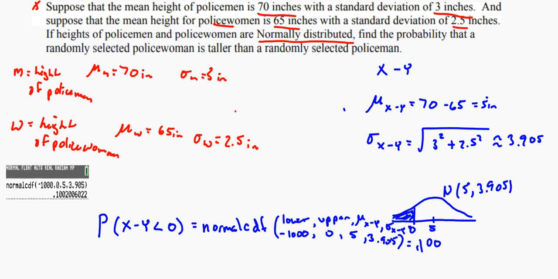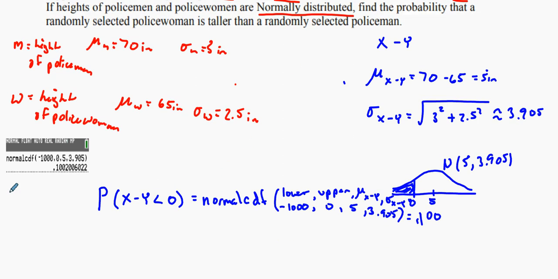We can also find this by using a z-score. We find the z value by taking 0, the value we want to find, minus our mean, divided by our standard deviation, which is 3.905. Punching that into our calculator, negative 5 divided by 3.905, we get a z-score of negative 1.28.